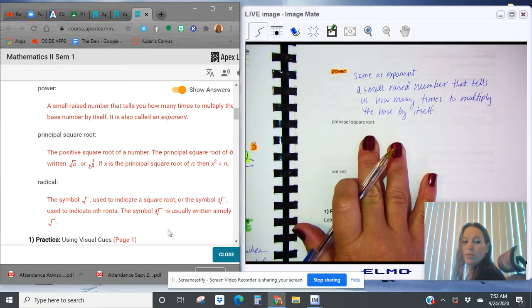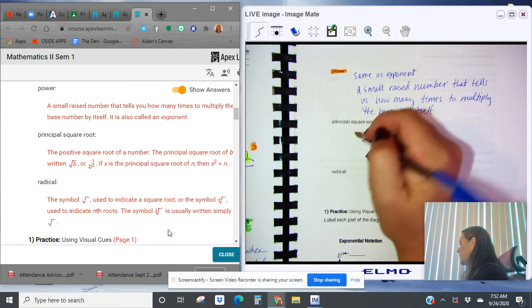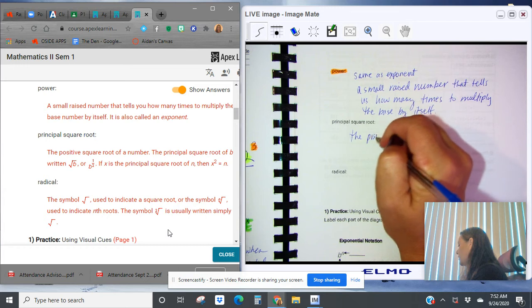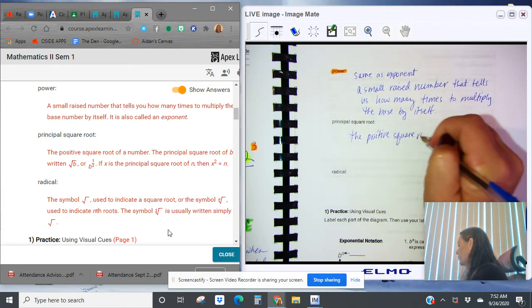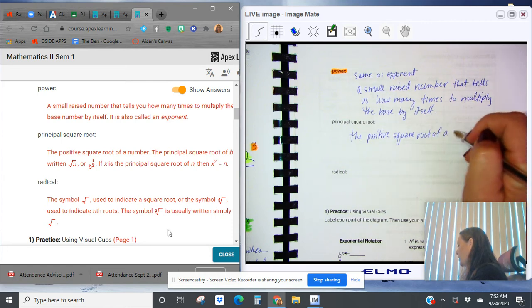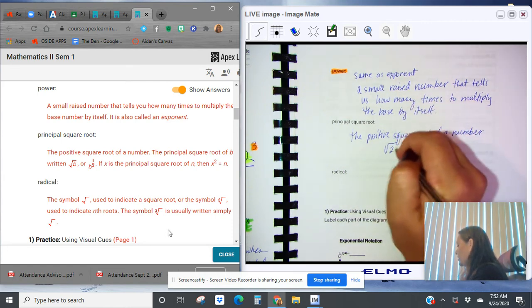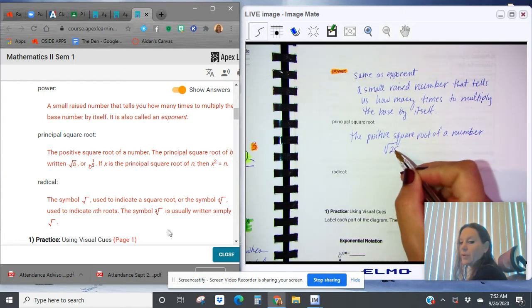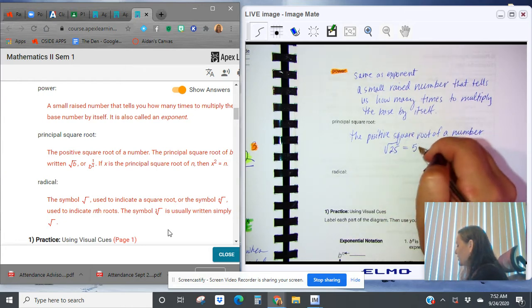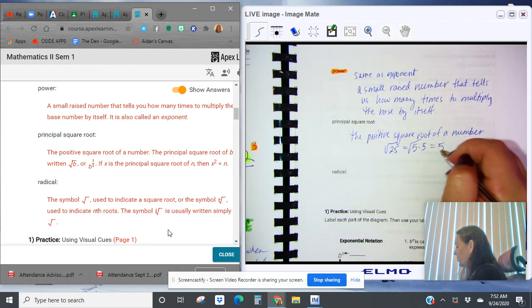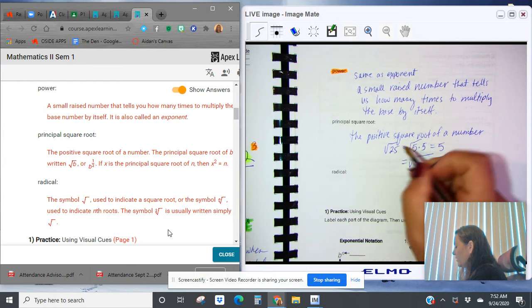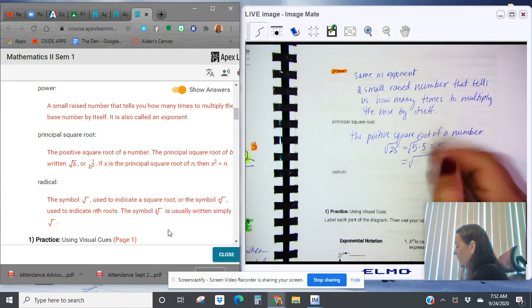The principal square root is the positive square root of a number. Okay, what do you mean by that, Ms. Sanchez? If I say what's the square root of positive 25, I could say that that's positive 5 times positive 5 that equals 25, right? So the answer could be 5. But can we also think of another root of 25?